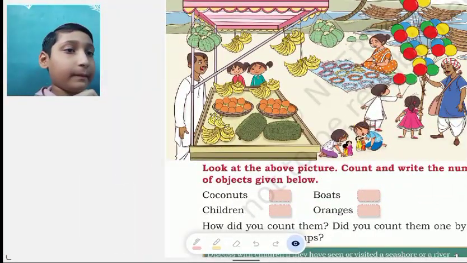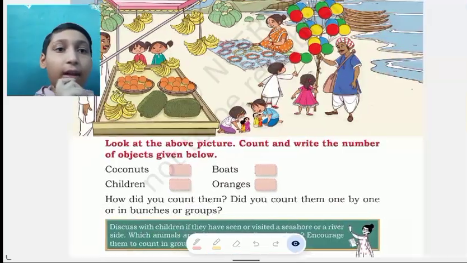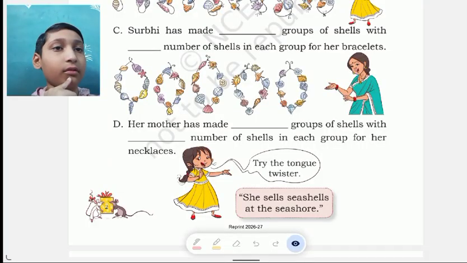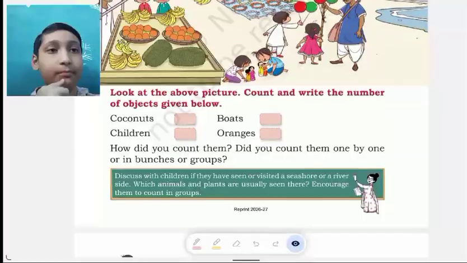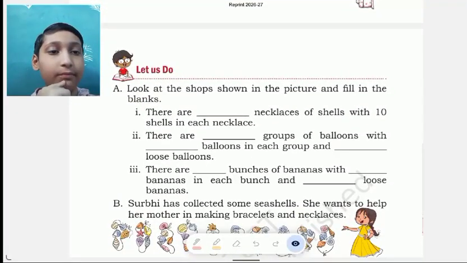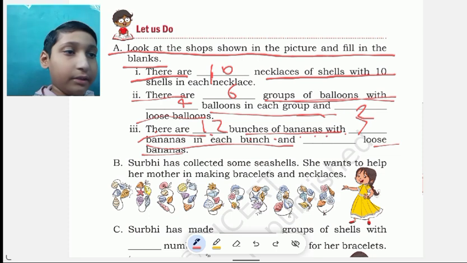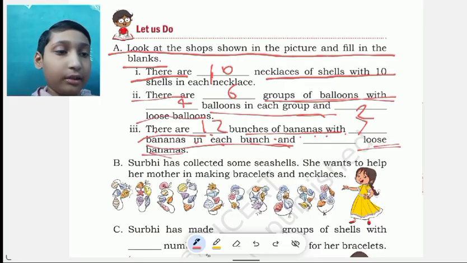So our answer is going to be 7 bananas in each bunch and dash loose bananas.